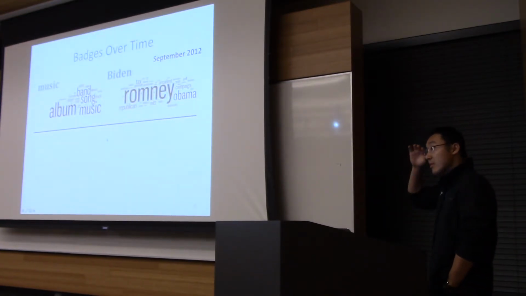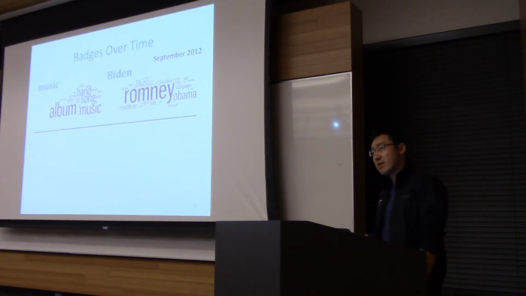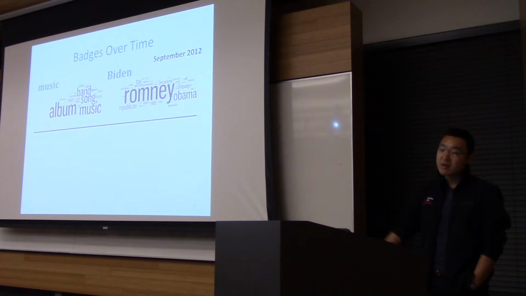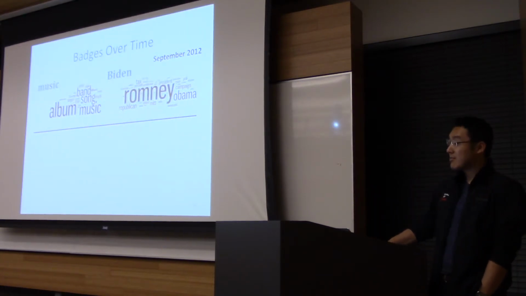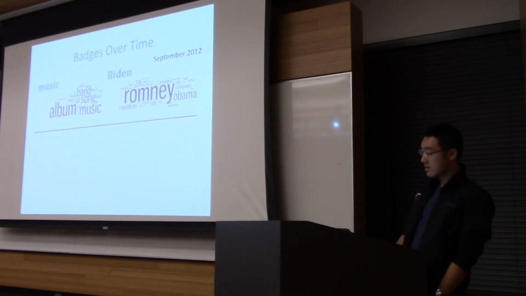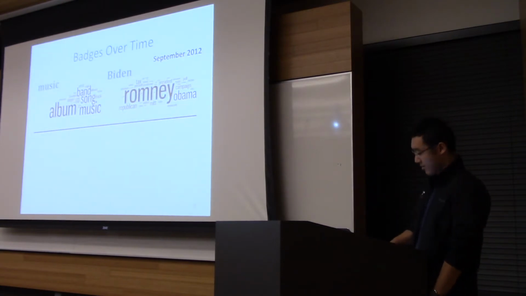Now, one thing that's interesting is that we could run this model over multiple time frames, because the user's badges typically don't change. So in September 2012, this was the representation for the model.